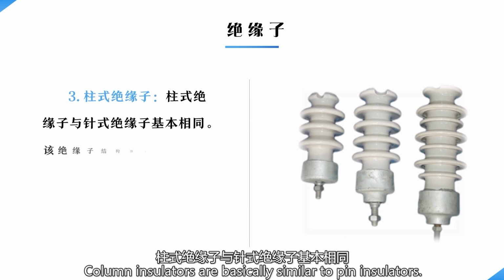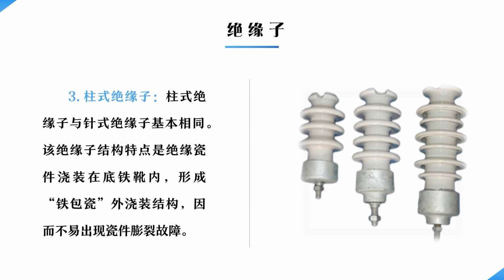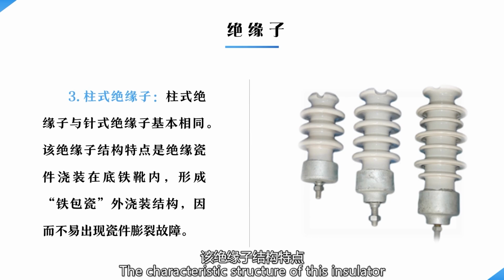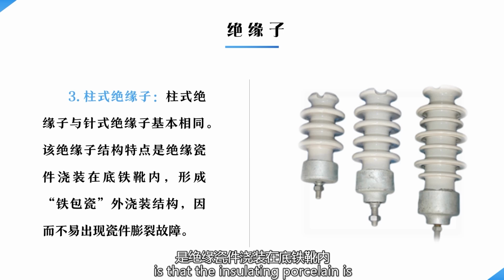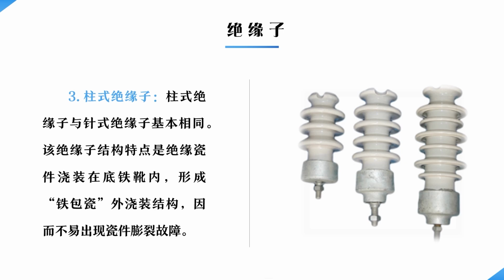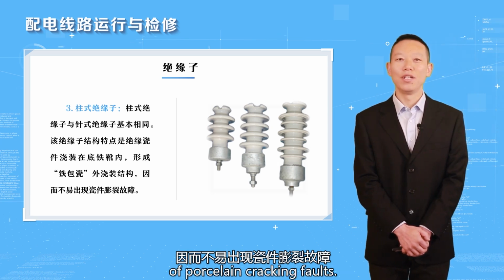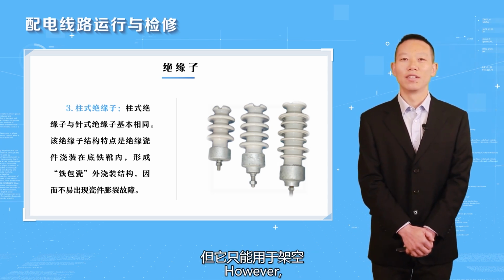Current insulators are basically similar to pin insulators. The characteristic structure of this insulator is that the insulating porcelain is poured into the bottom iron shoe to form an iron-clad porcelain external pulling structure, thereby reducing the occurrence of porcelain cracking faults.